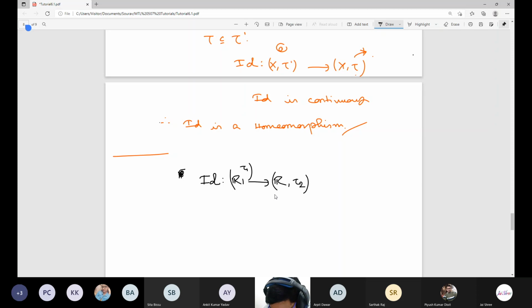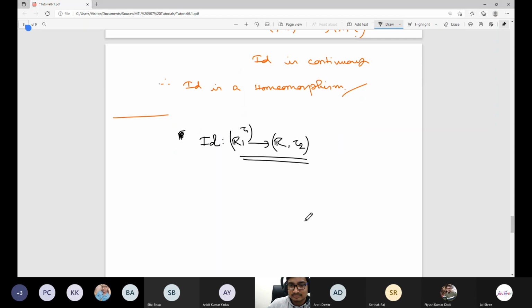Can we always say this map is continuous? No. For any topology? What if we take this tau 2 as discrete and this tau 1 as usual? Then what happens?